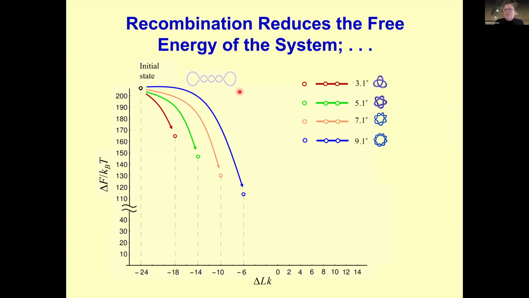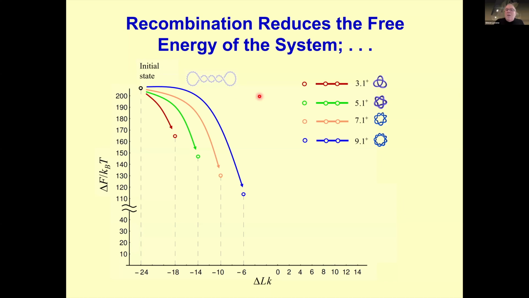And so those knot crossings now can re-equilibrate around the structure in more ways than supercoils can. And so this reduces the free energy of the system.